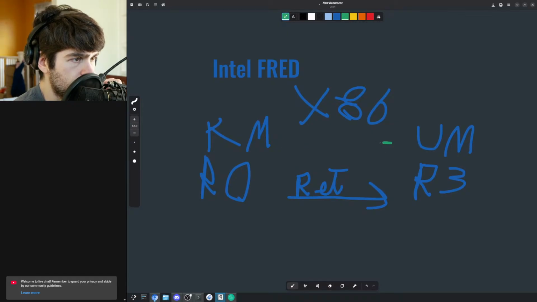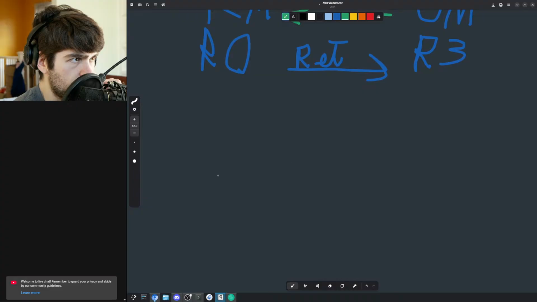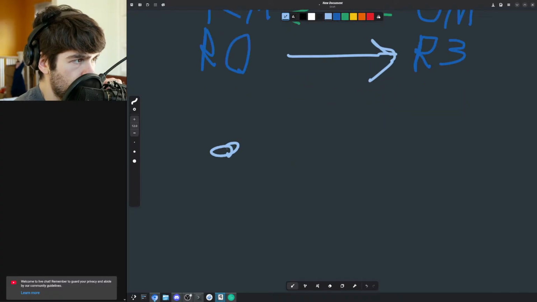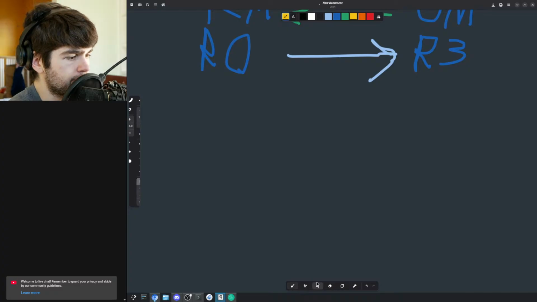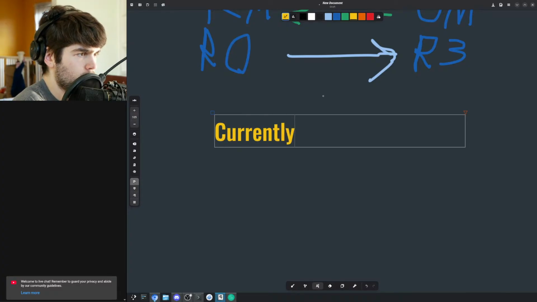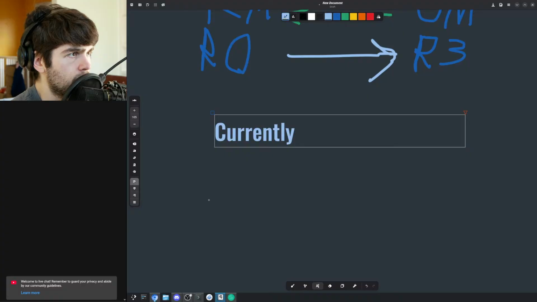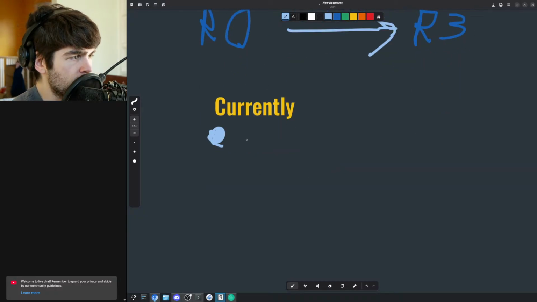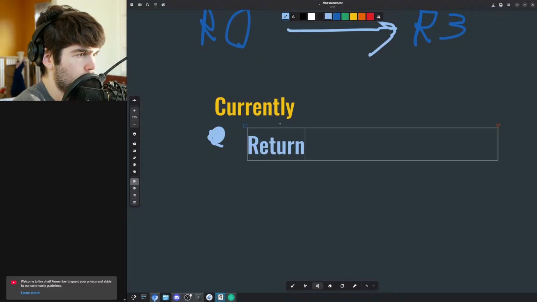Let's make this another color. So the blue is from secure to unsecure, so those would be returns.